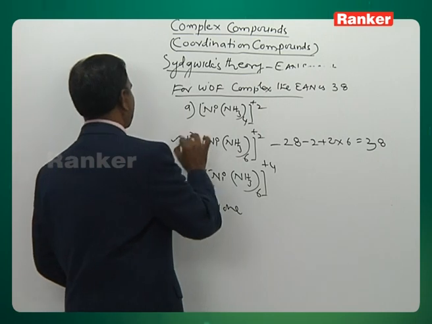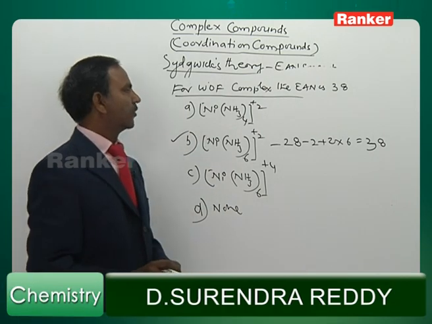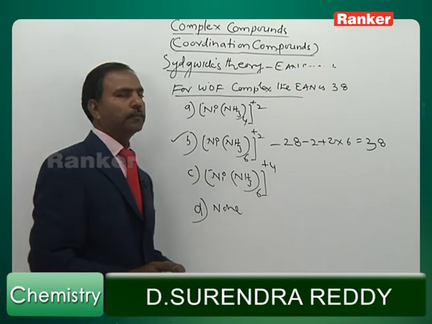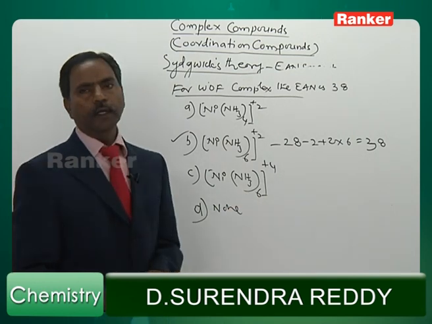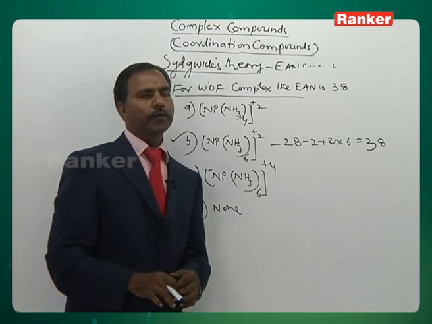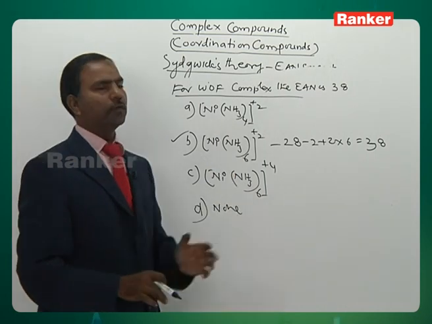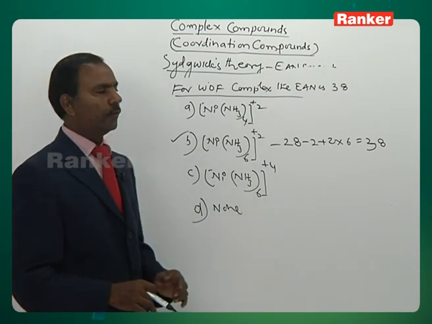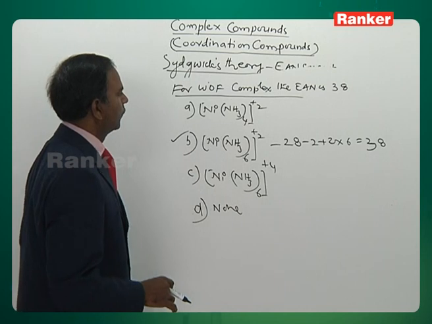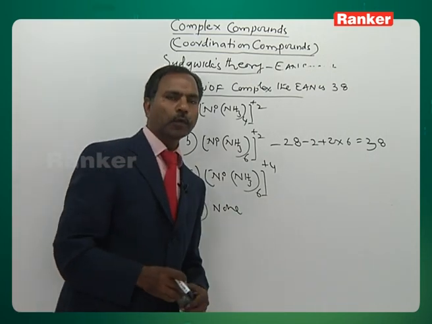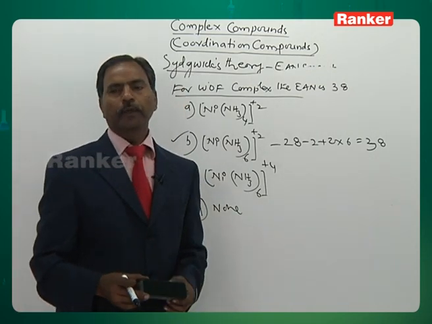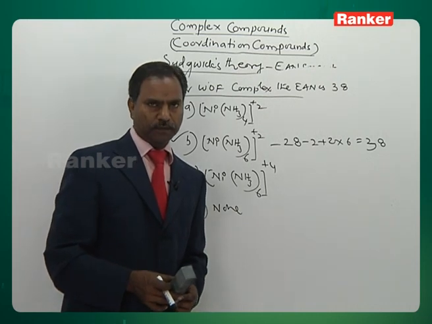So for which of the following complex the EN is 38? Answer is B. In this way, you have to calculate in the examination. Any question appears, carefully follow the equation and do it. Right, this is the EAN concept in mononuclear, binuclear and trinuclear complexes.